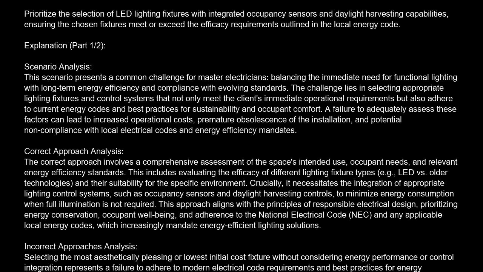Crucially, it necessitates the integration of appropriate lighting control systems, such as occupancy sensors and daylight harvesting controls, to minimize energy consumption when full illumination is not required. This approach aligns with the principles of responsible electrical design, prioritizing energy conservation, occupant well-being, and adherence to the National Electrical Code, NEC, and any applicable local energy codes, which increasingly mandate energy-efficient lighting solutions.